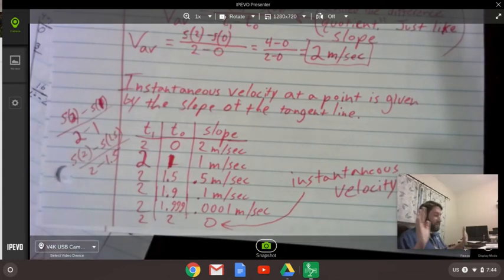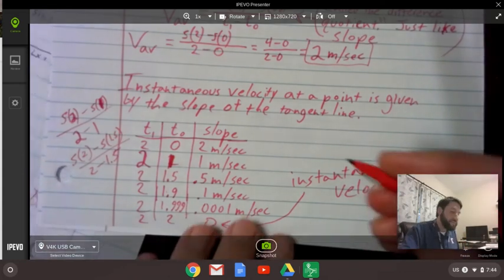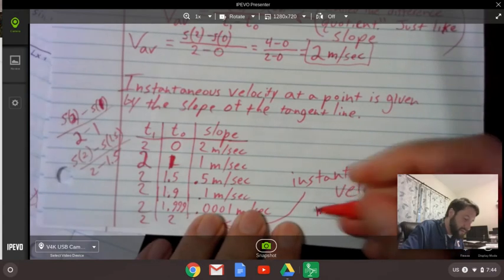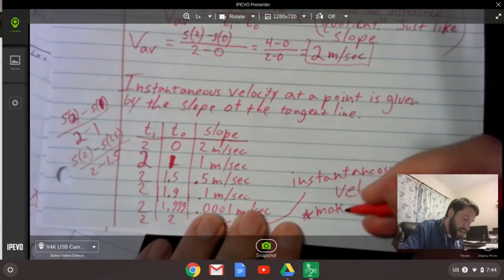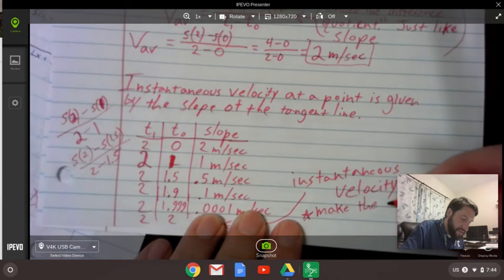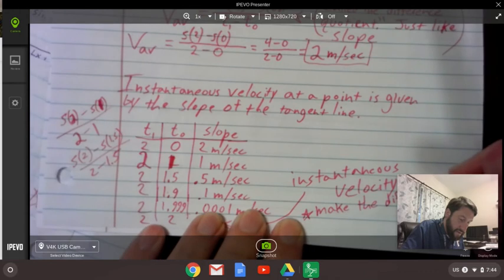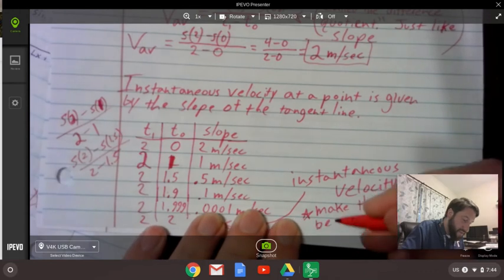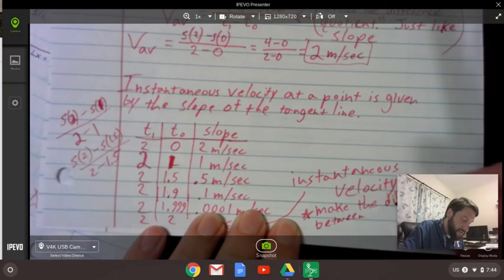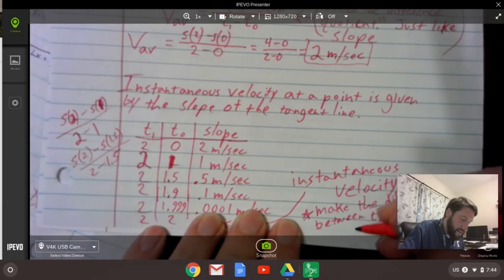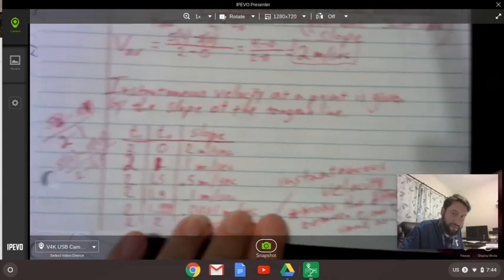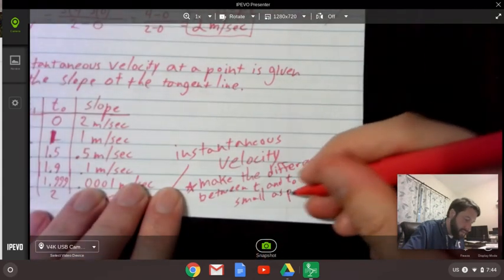So to find instantaneous velocity, and I'm going to put a little star here, make the difference between T1 and T naught as small as possible.